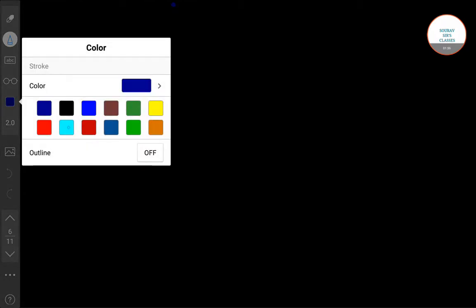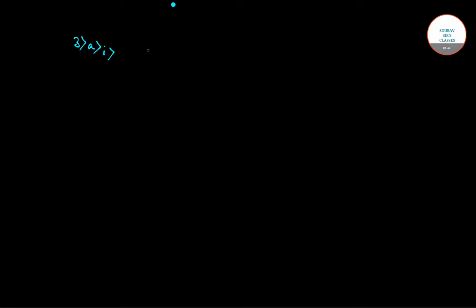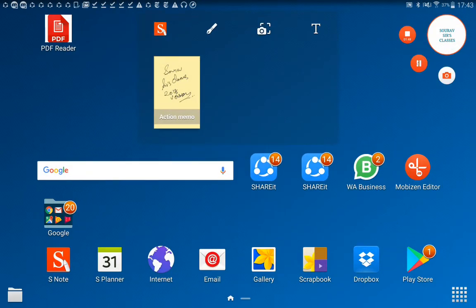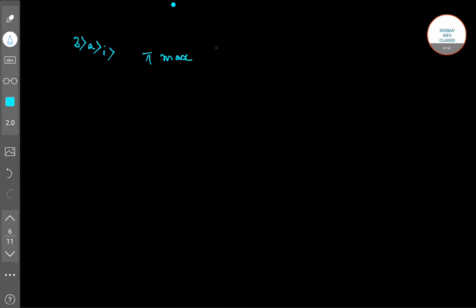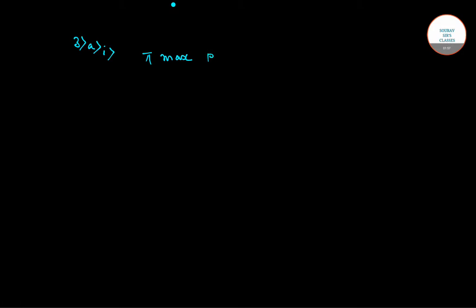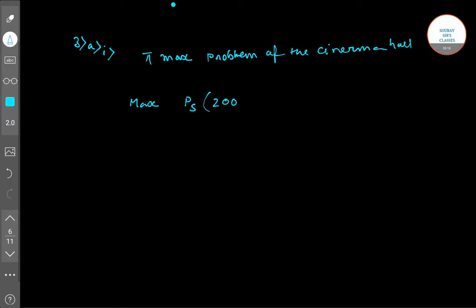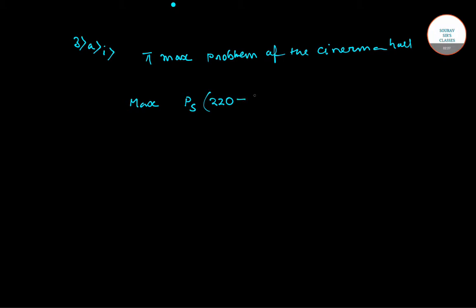In this question, the profit maximizing problem of the cinema hall is basically maximum of PS into 220 minus 40 PS plus PN into 140 minus 20 PN.